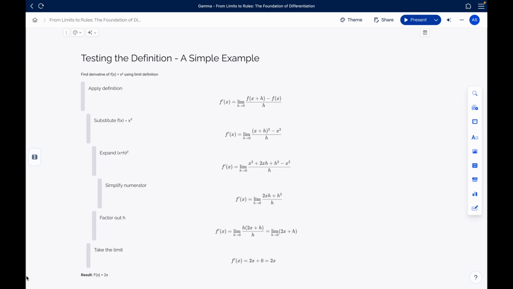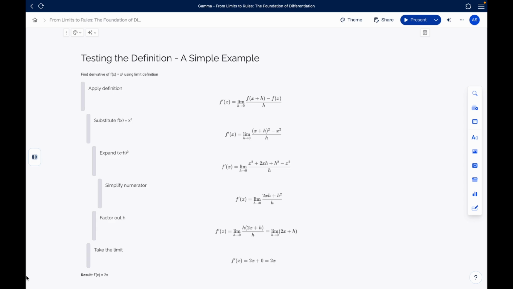So let's find the derivative of f of x is equal to x squared using the limit definition. First things first, we have to actually state our definition, which is f dash x is equal to the limit as h approaches 0 of f of x plus h minus f of x divided by h.